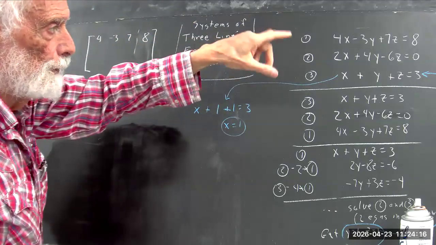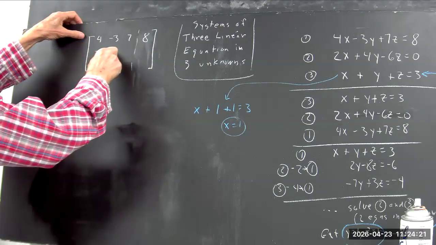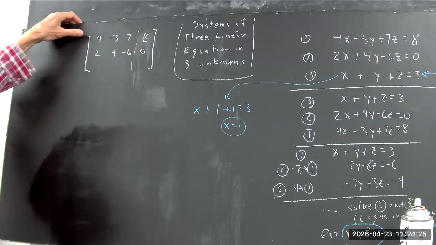Second equation, 2x plus 4y minus 6z equals 0, is represented by the numbers 2, 4, -6, 0.